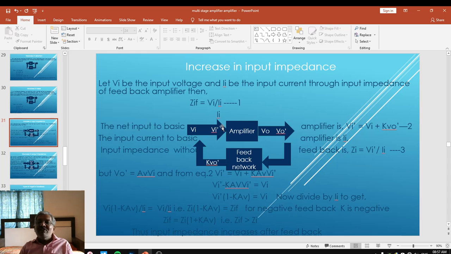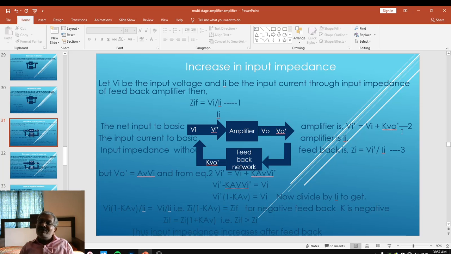So Vi dash is the new voltage which is obtained by considering the feedback voltage, that is K times Vo dash, which is either added or subtracted from the original input voltage.